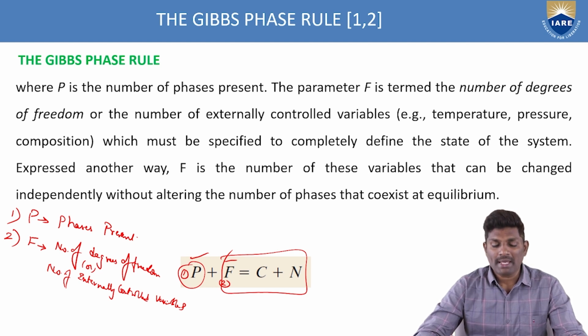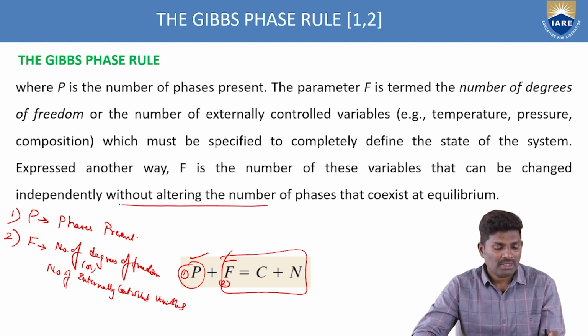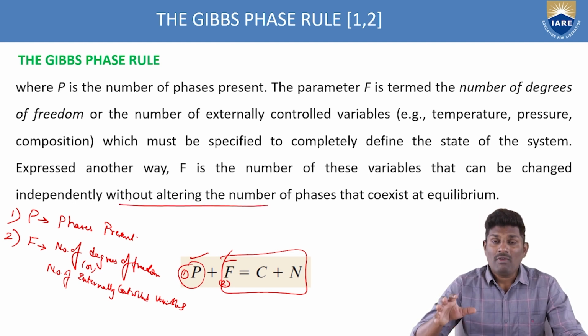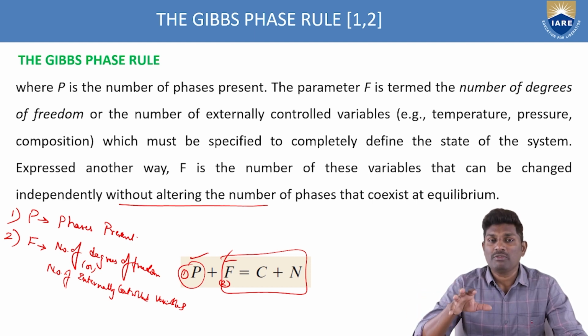So what is happening here again? This point we need to take into consideration. What is the F we are taking? That is the number of externally controlled variables. These variables can be changed independently without altering the phases. That is a very, very important thing we need to find out here.